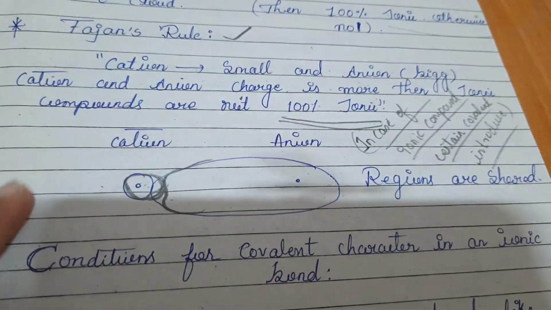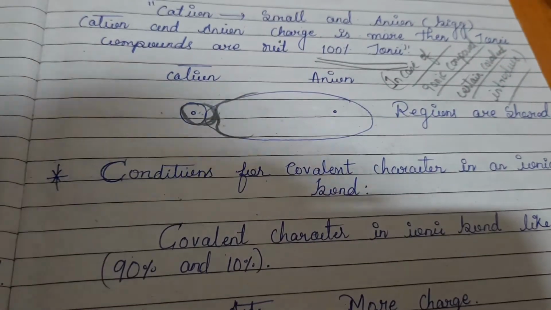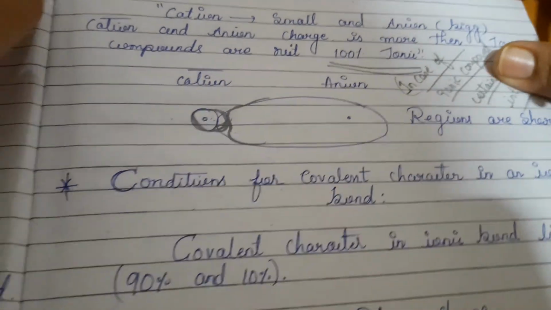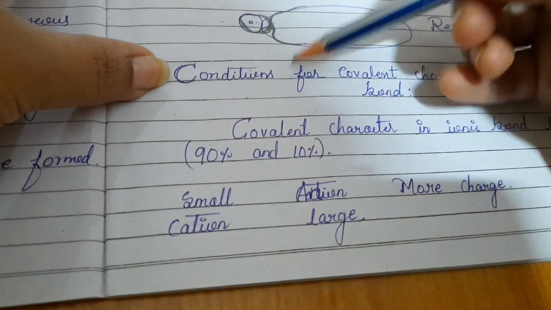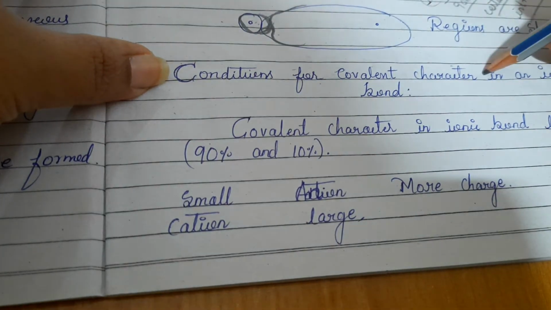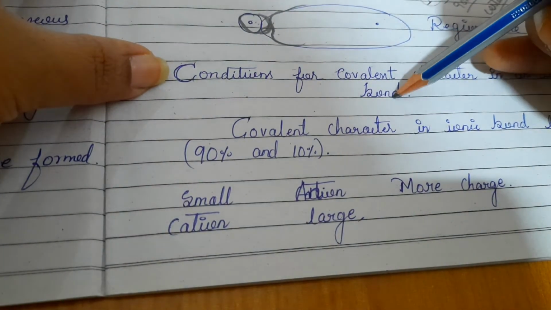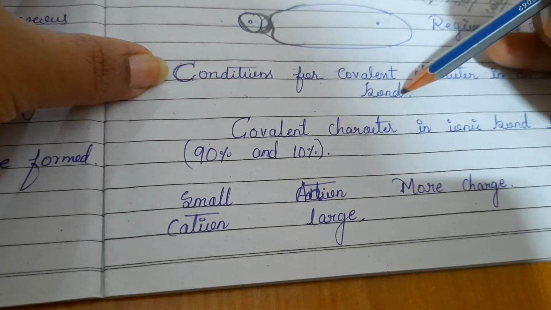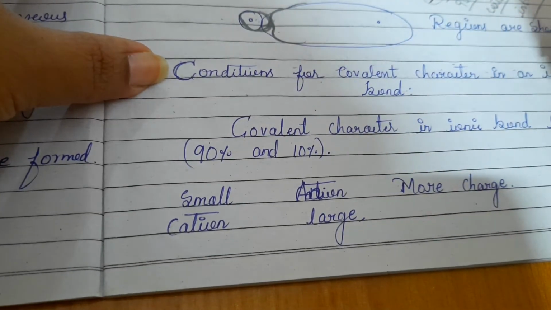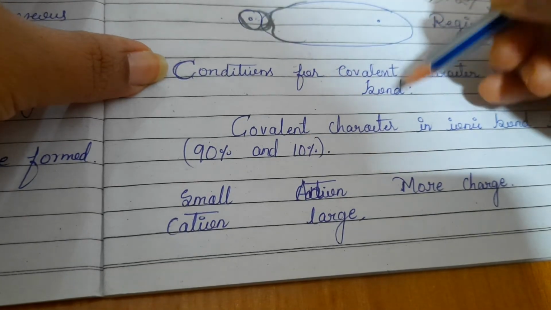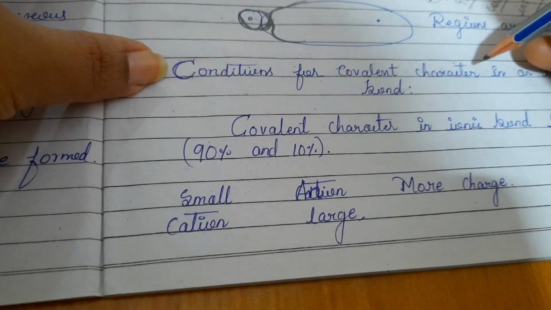So for Fajans' rules to hold good, we have to understand what the nature of the cation and the anion should be. See, conditions for covalent character in an ionic compound. What is Fajans' rule? We are going to introduce covalent character in ionic compounds, and for that we have to follow certain conditions.